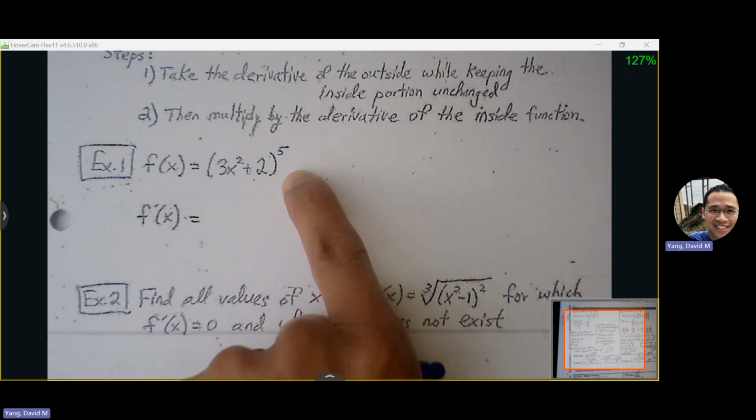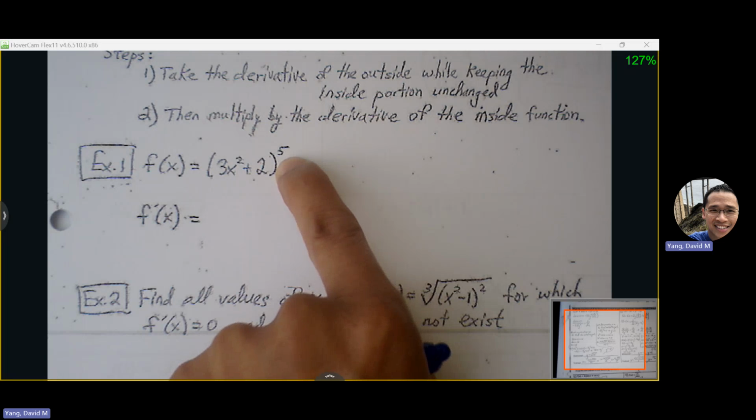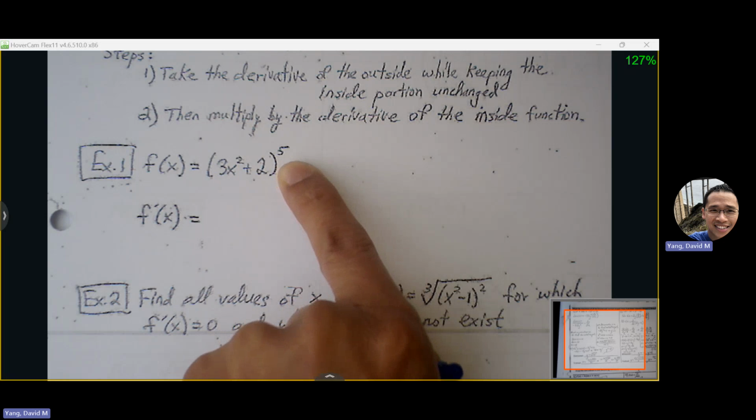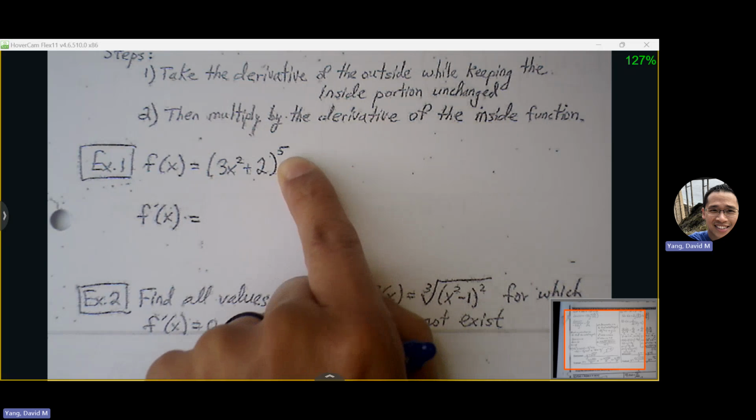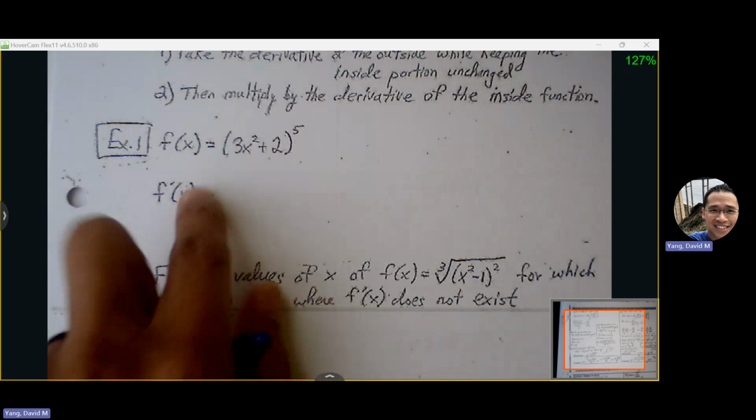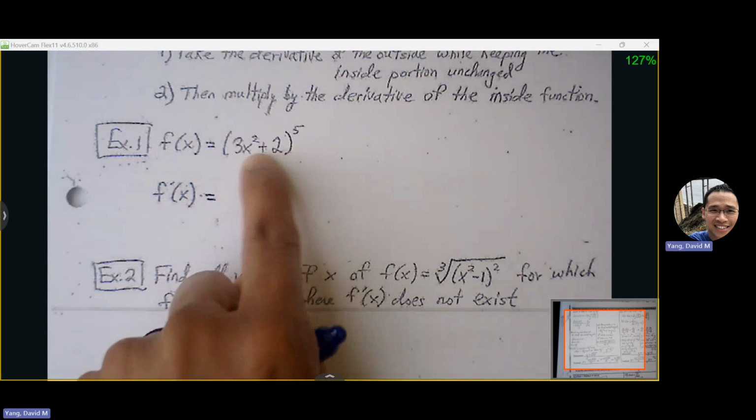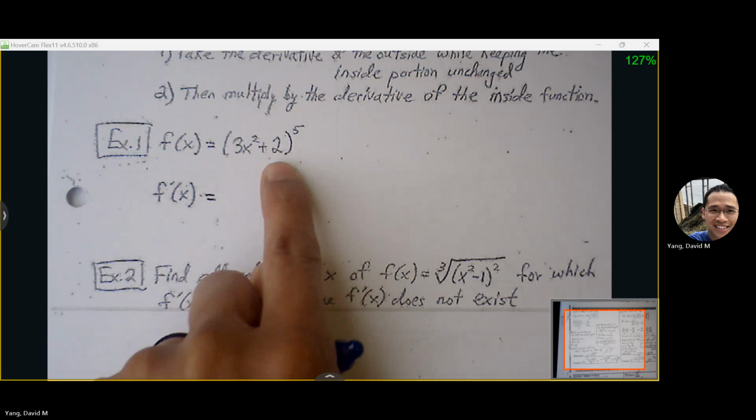I mean, I would expect you to be able to do it if it's 3x squared plus 2 squared, but anything higher than the second power, there are ways that we can do it, like Pascal's triangle, but we don't have to worry about that in this class. Anything that's higher than the 2, we want to explore alternatives. So the alternative is we think of this as a function within a function.